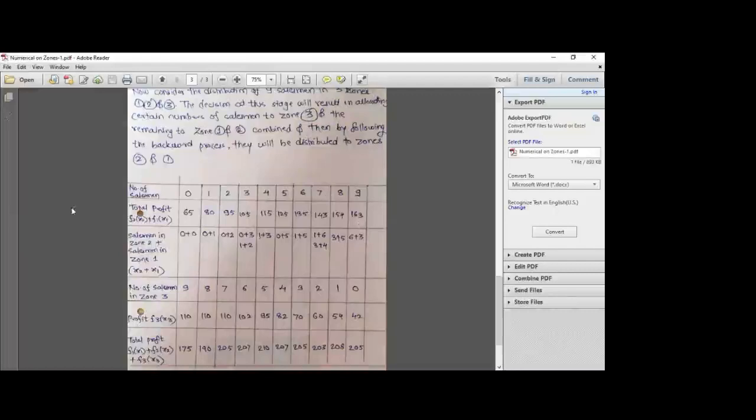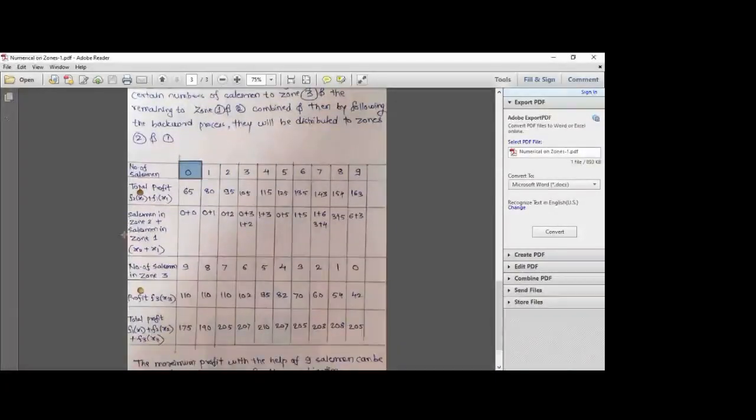If, in combination of zone 1 and zone 2, I'm putting 0 salesmen, then how many can I put in zone 3? 9, because my maximum capacity is to consider 9 salesmen. So if I'm putting 0 salesmen considering both zone 1 and zone 2, then the 9 salesmen are left, and I can put all the 9 salesmen in zone 3.